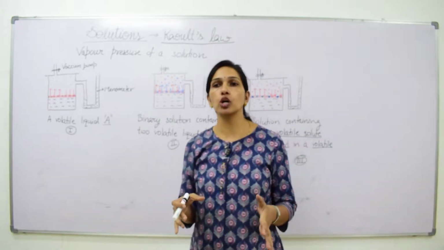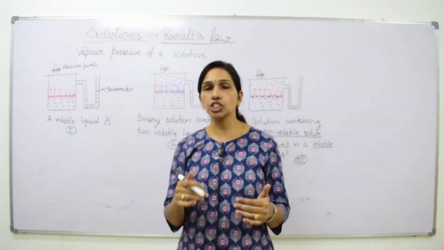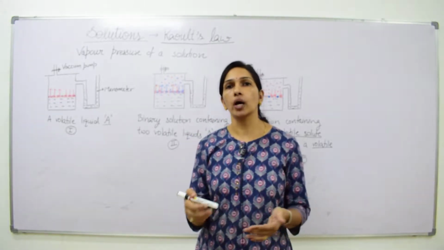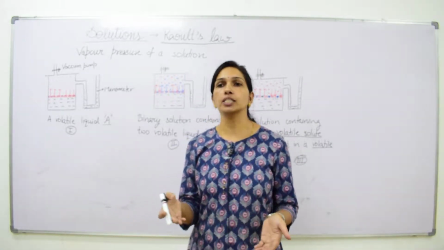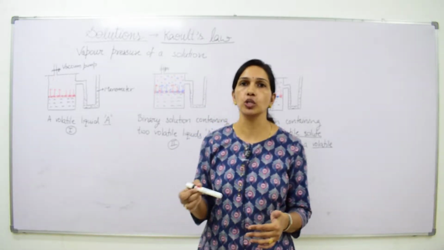As we know, most liquids are volatile in nature. It means they change into their vapor at room temperature or at higher temperature. For example, water and alcohol change into their vapor, so they are volatile.